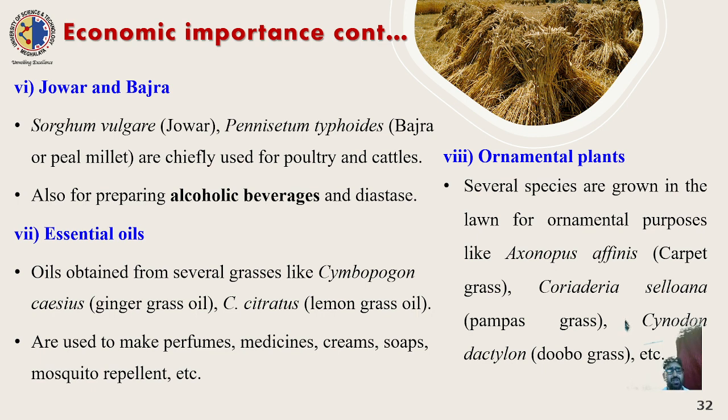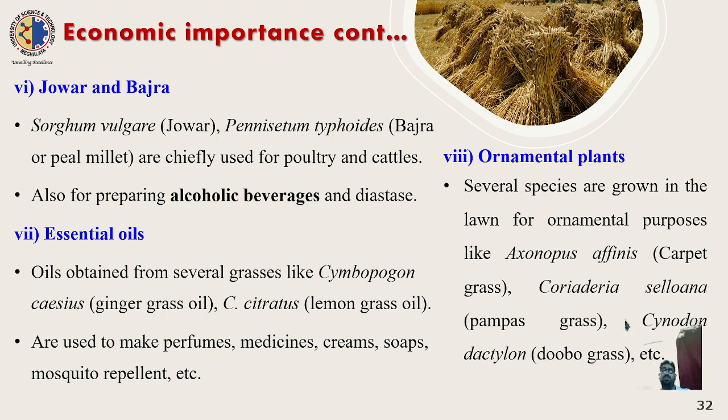I think everyone should know lemongrass, Cymbopogon citratus, and ginger grass, which is a very important grass cultivated throughout the country for the production of oils. These oils are used to make perfumes, medicine, creams, soaps, and also mosquito repellents.